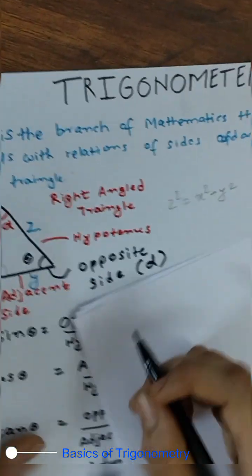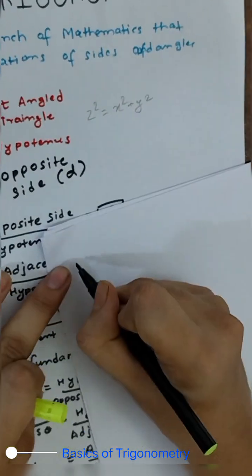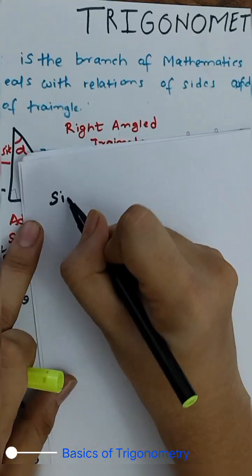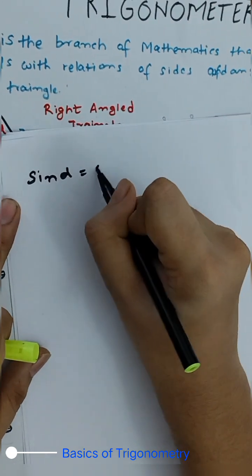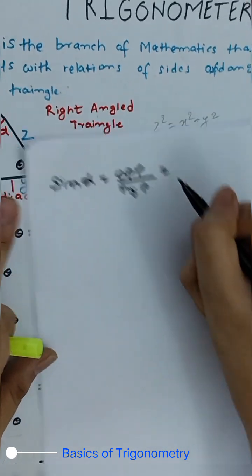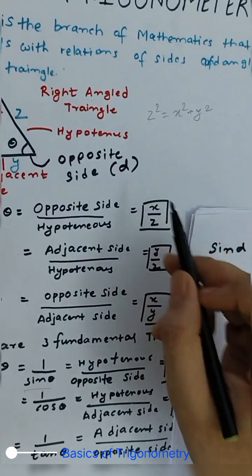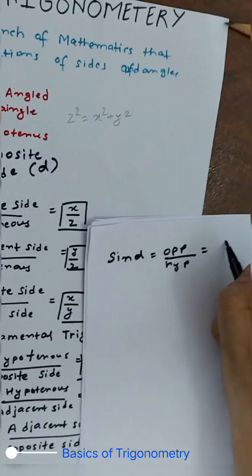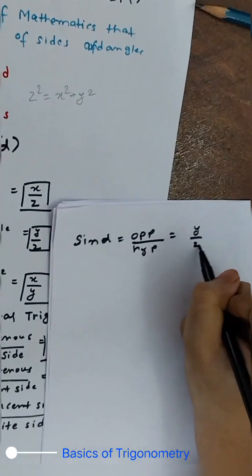Okay, now let us understand what is sine alpha. Sine alpha will be opposite upon hypotenuse. So for alpha, the opposite side will be of length y upon hypotenuse z.